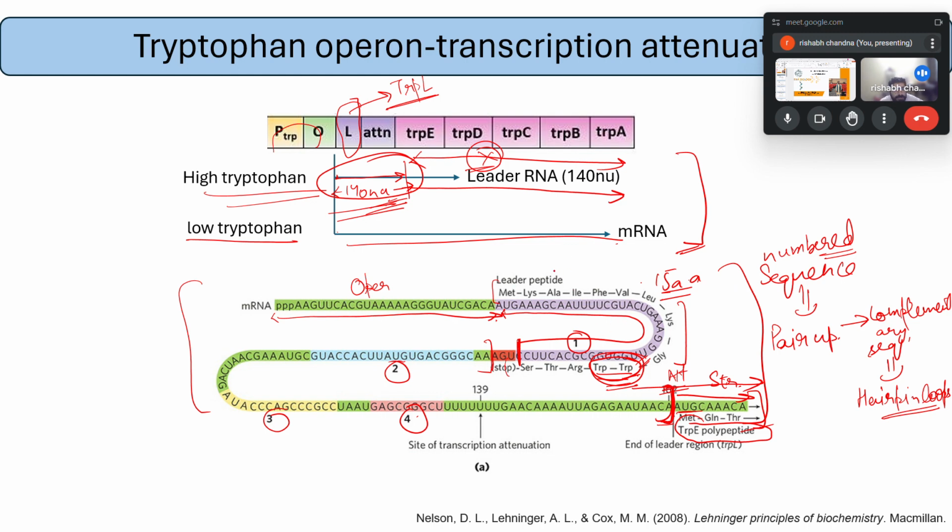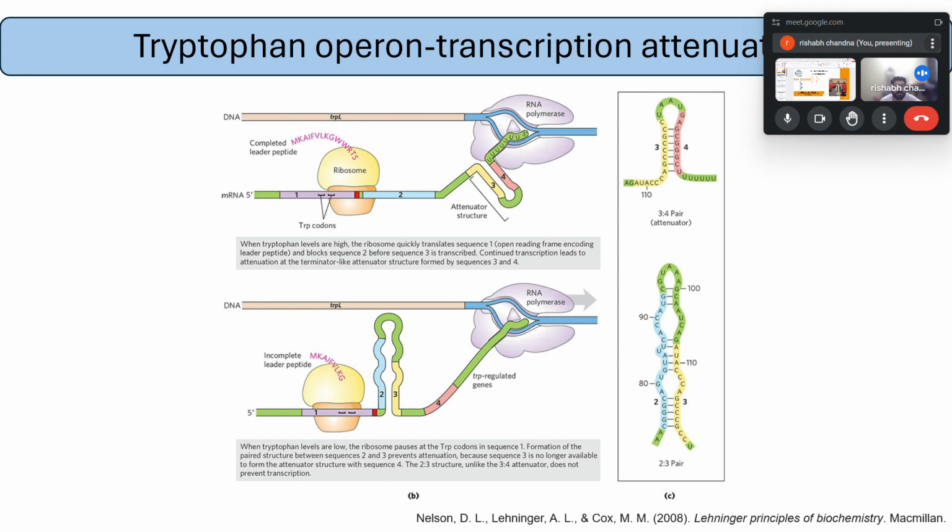I have told you the purpose of the leader peptide. Basically, these two tryptophans detect the presence or absence of tryptophan in the system. Now moving on to how this detects. As you can see, this purple colored region has two tryptophan codons. When tryptophan is present in high concentration inside the cell, the tryptophan will bind and the leader peptide is formed.